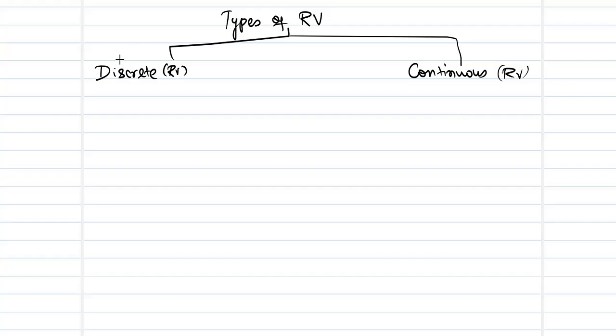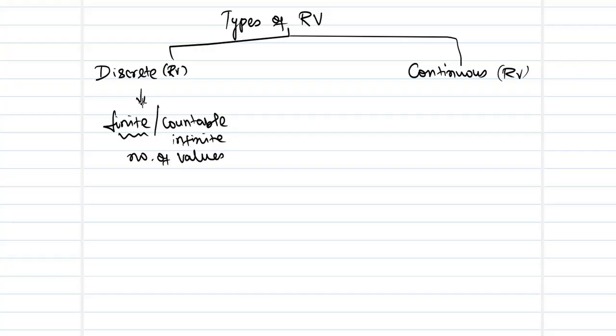A discrete random variable is one which takes a finite or countably infinite number of values. So if your range space Rx consists of a finite number of values or countably infinite number of values, then you call the random variable a discrete random variable.